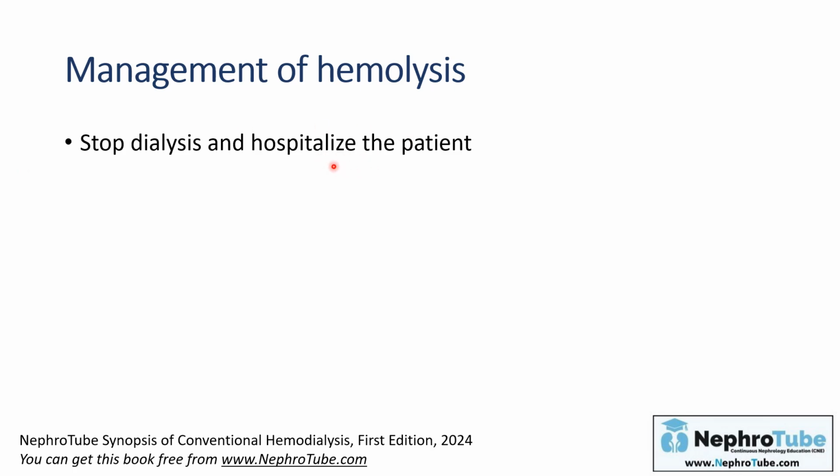And you have to hospitalize the patient for observation and continuation of the management, and also because there is a possibility of delayed hemolysis of injured red blood cells after the dialysis termination.